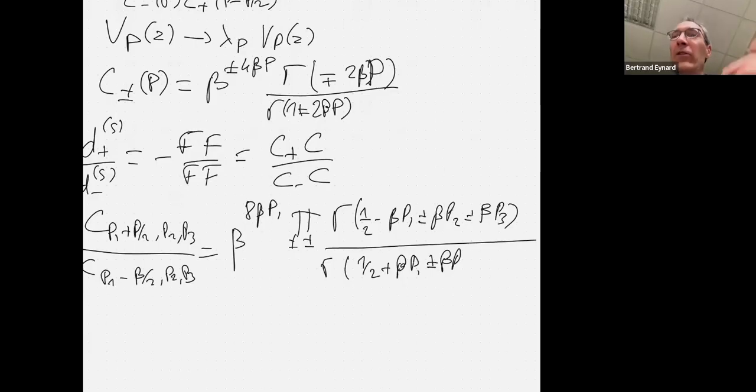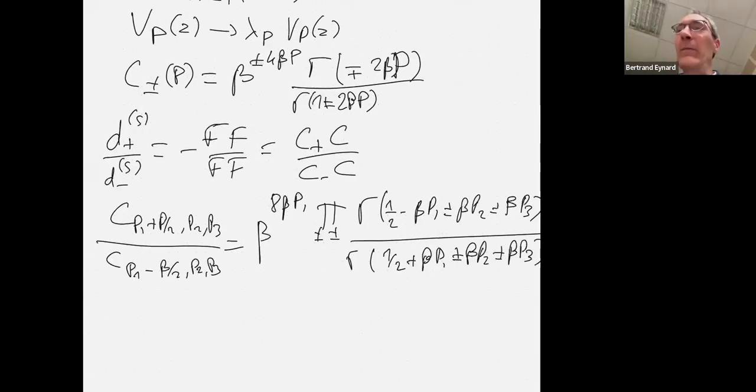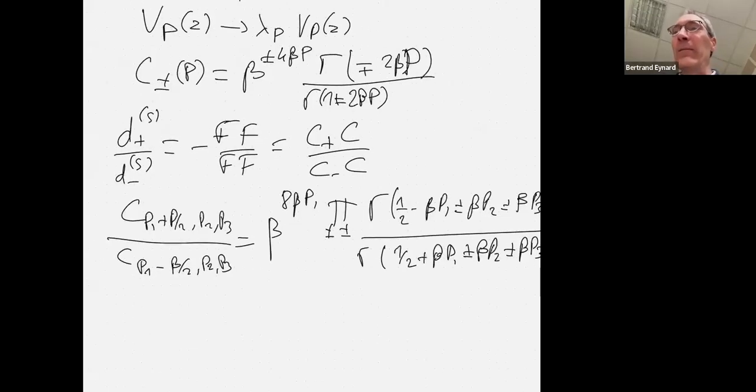So the nice thing with our choice of C plus minus is that in this equation, I have almost no dependence on P1 alone. All the gamma factors which only depend on P1 have cancelled, and what remains are the really non-trivial gamma factors which depend on all 3 fields.